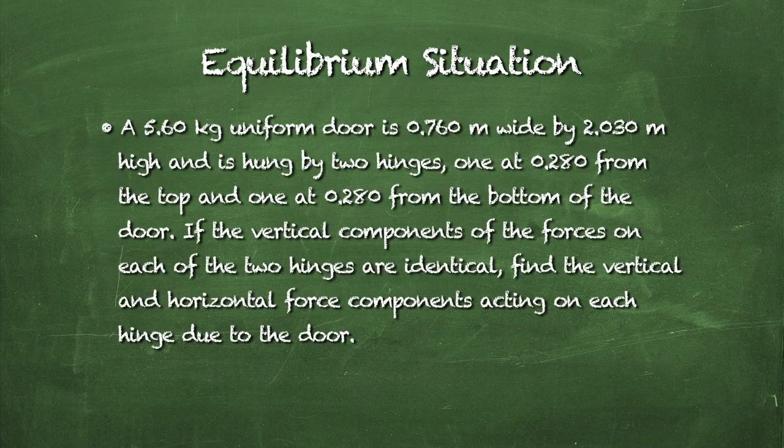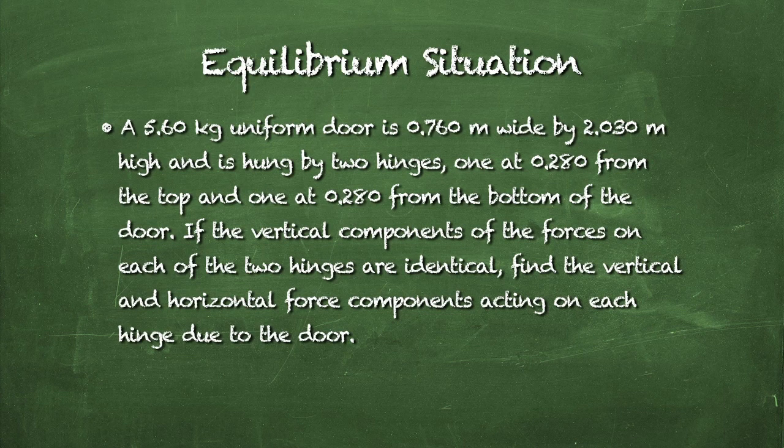A 5.60 kilogram uniform door is 0.760 meters wide by 2.030 meters high and is hung by 2 hinges, one at 0.280 from the top and one at 0.280 from the bottom of the door.